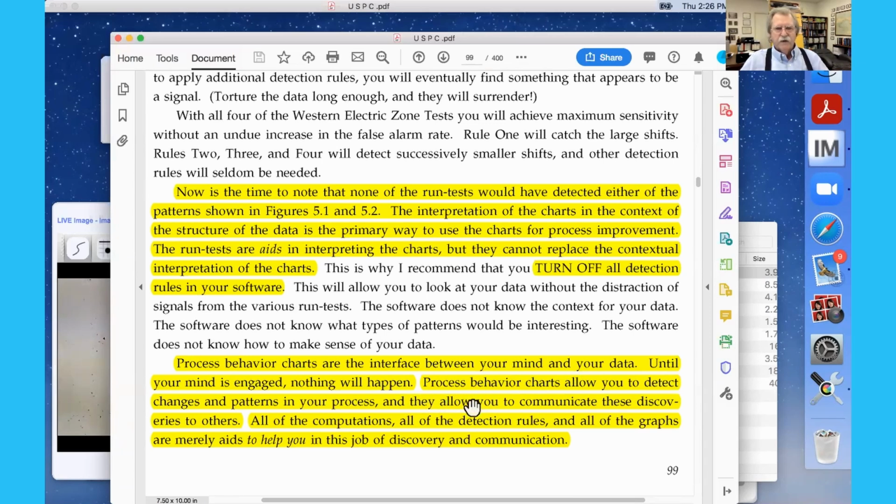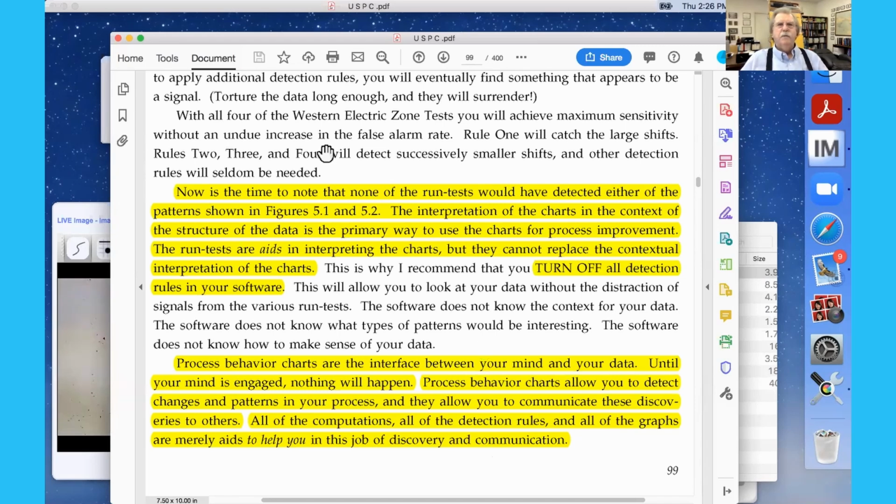Process behavior charts allow you to detect changes in patterns, and they allow you to communicate these changes to others. All the computations, all the detection rules, and all the graphs are merely aids to help you to do this job of discovery and communication. Keep it simple.